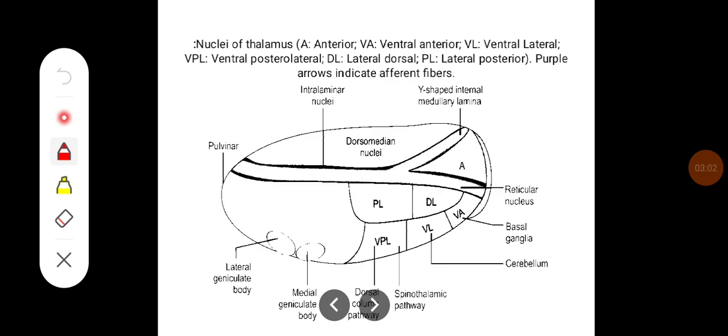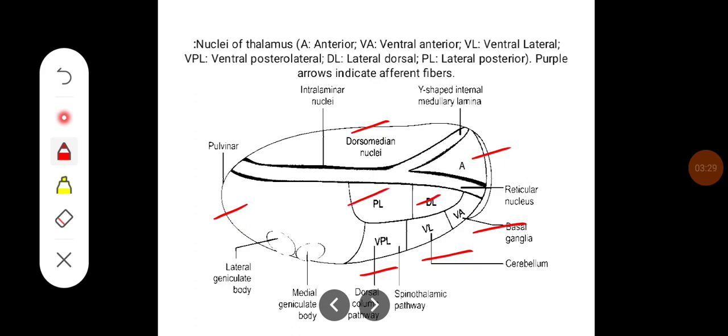So these are the different groups of nuclei. You can see the anterior, the medial and lateral group of nuclei. The lateral group of nuclei is again divided into ventroanterior, ventrolateral, ventroposterolateral, dorsal lateral, posterior lateral.